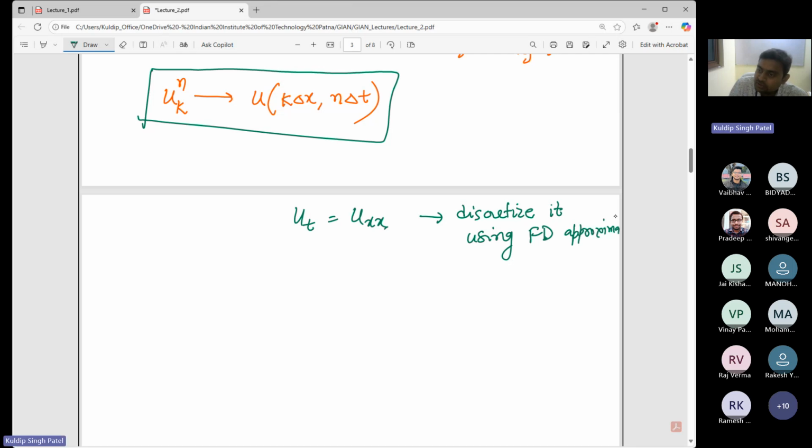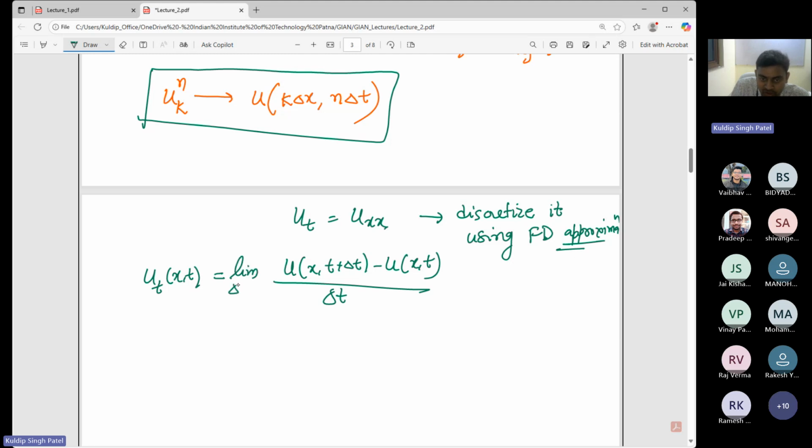What are finite difference approximations? That is important to know. So we know that ut at (x, t) can be written as u of x comma t plus delta t minus u of x comma t, upon delta t, as the limit delta t tends to 0.